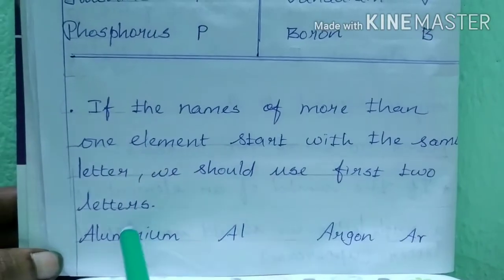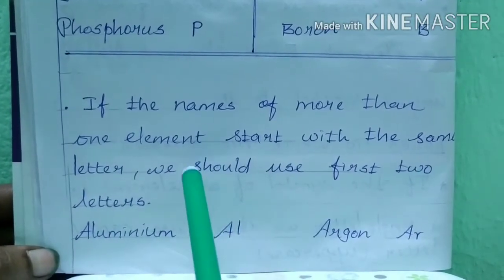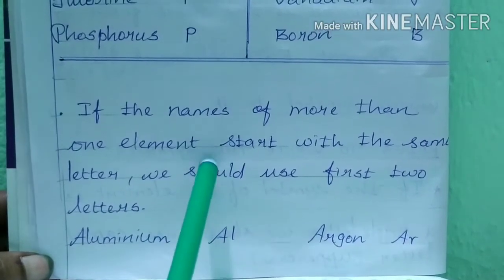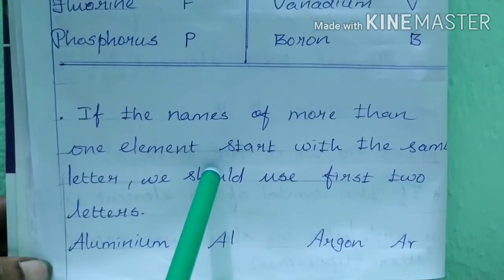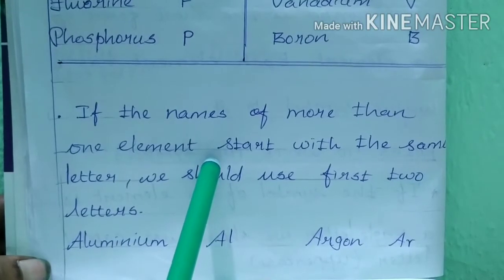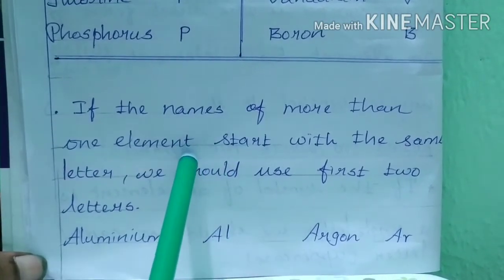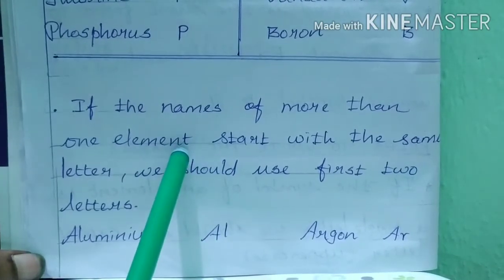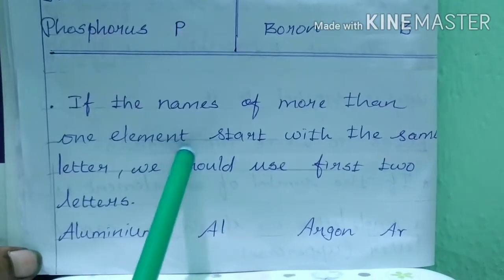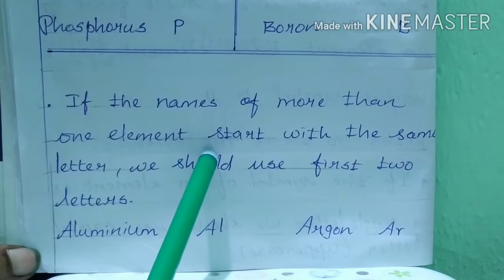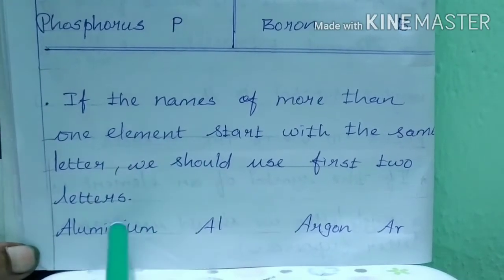Then, if the names of more than one element start with the same letter, we should use the first two letters. In the previous rules we have seen that if the symbol of an element is represented by a single letter, we should use a capital letter. If we want to represent the symbol in two letters, the first should be a capital letter and the second a small letter. What does this rule say?